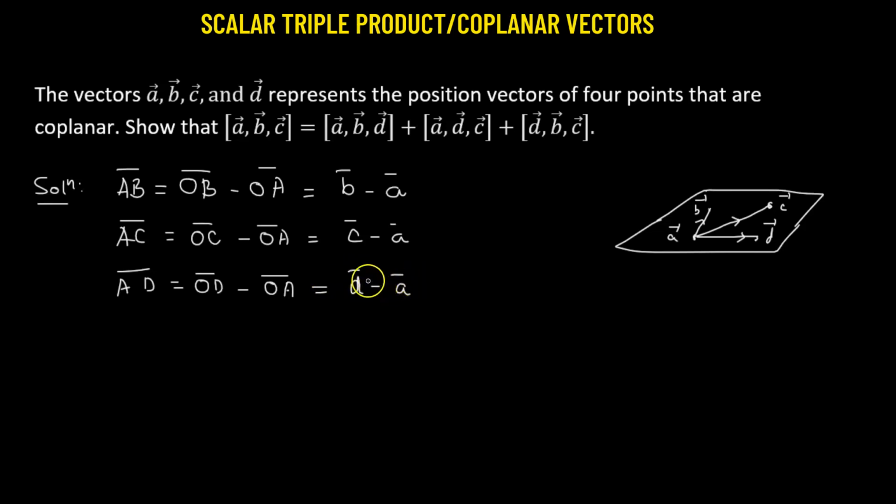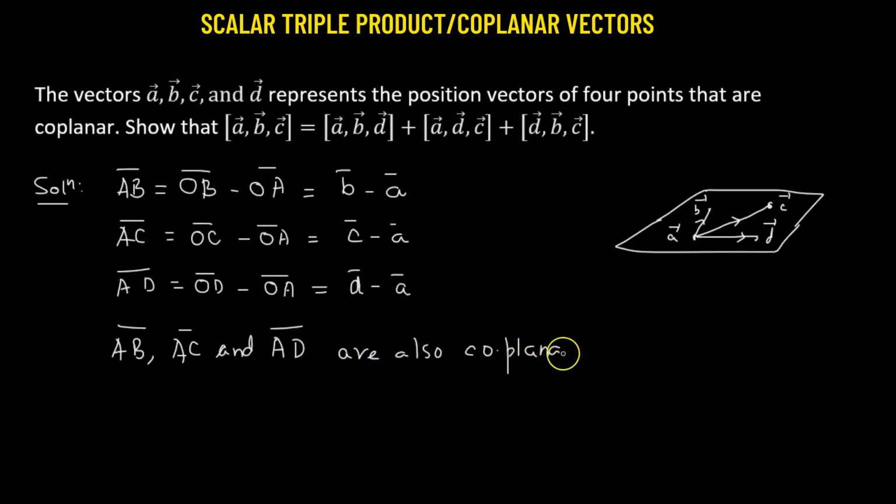Fine. Now since the points are coplanar, the AB vector, AC vector, and AD vector are also coplanar. That means they also lie on the same plane, and this is evident from the illustration.